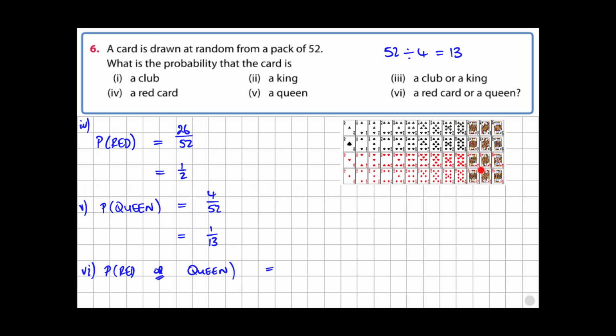If I get the probability of a red card or a queen, I'm going to have to include the 2 queens that are black. So that'll be 26 plus 2, sorry, 28 I should say. And that's 28 out of 52, and 28 out of 52 simplifies down to 7 out of 13.